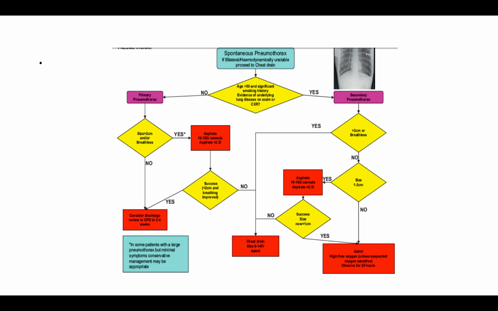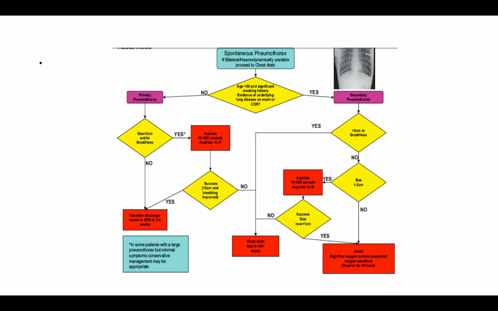This slide looks a bit complicated, but if you look carefully, it's not that complicated. It has been borrowed from the British Thoracic Society guidelines for the management of pneumothorax.